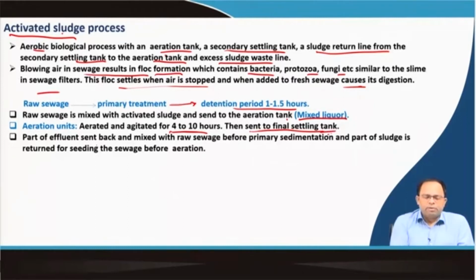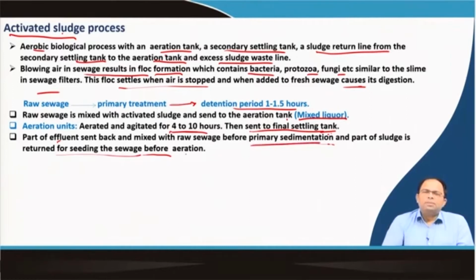And part of the effluent is sent back and mixed with raw sewage before primary sedimentation, and part of the sludge is returned for seeding to the sewage before aeration. So, after treatment, some part of the effluent could be taken to the sedimentation tank even before the primary sedimentation process.